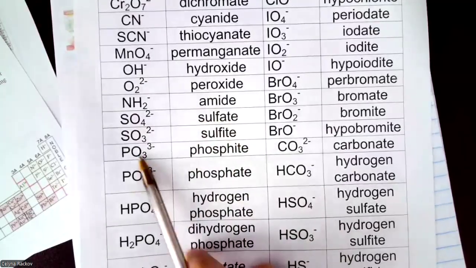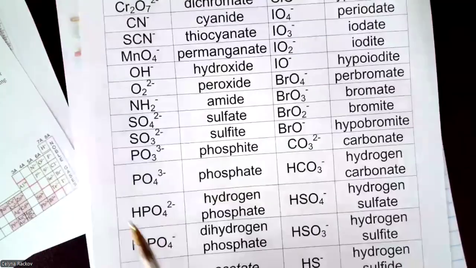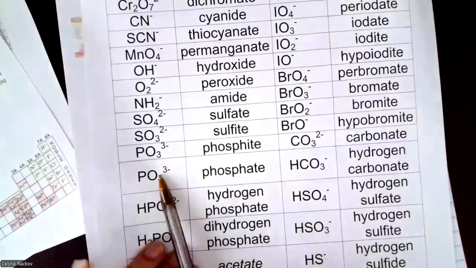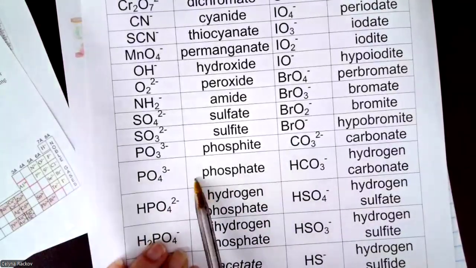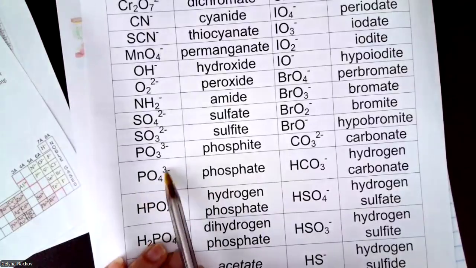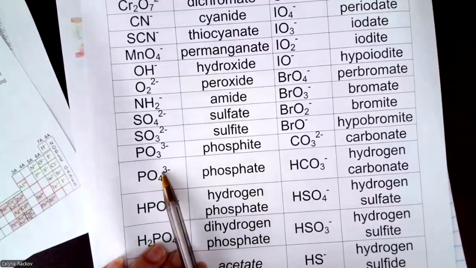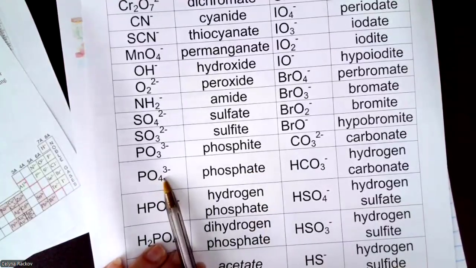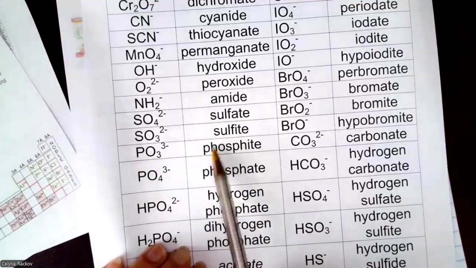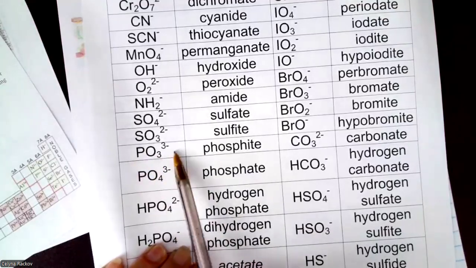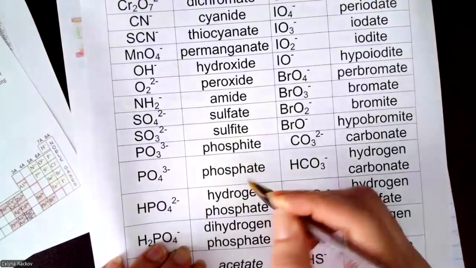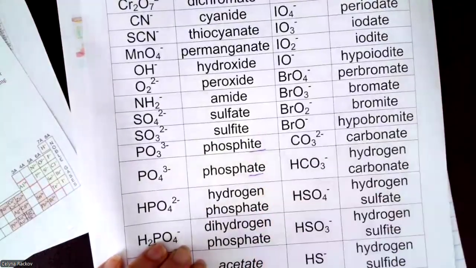So every time I'm going to have a polyatomic ion, the name here, phosphate. All phosphate will be PO4 3 minus. Now, if phosphate has 4 oxygens, what's the name when you have PO3? We change from -ate to -ite.